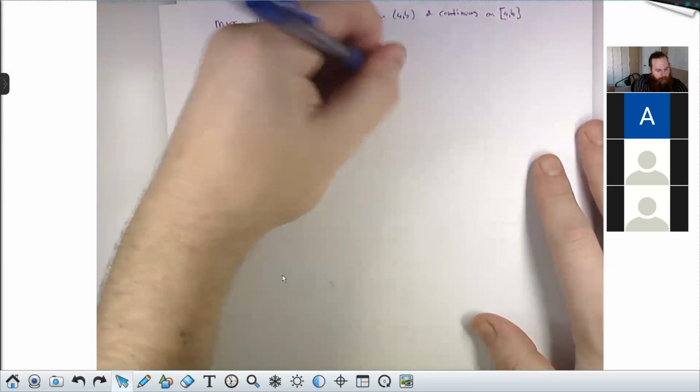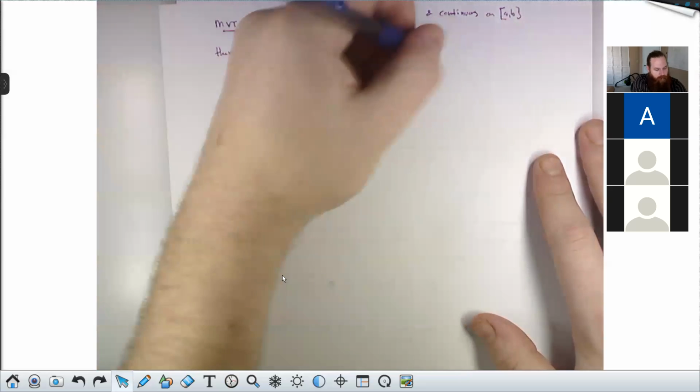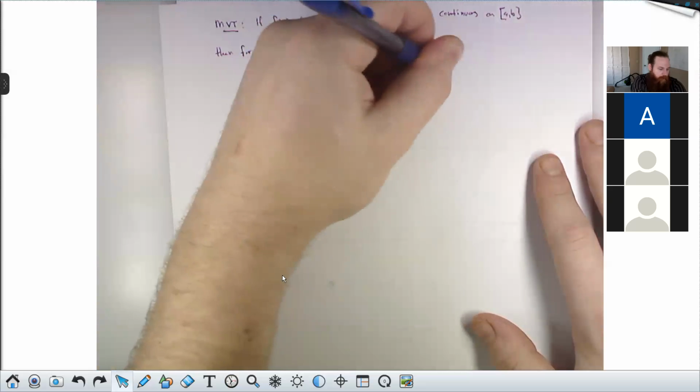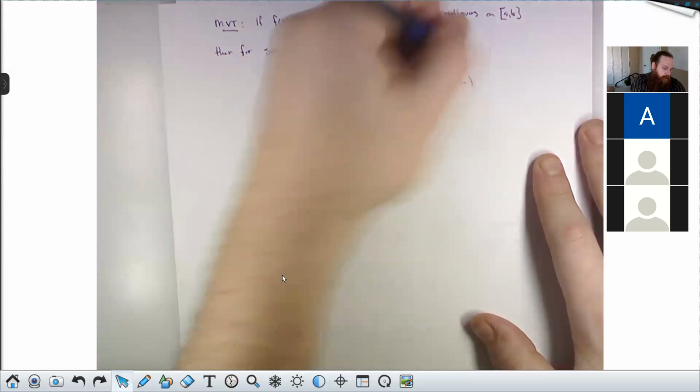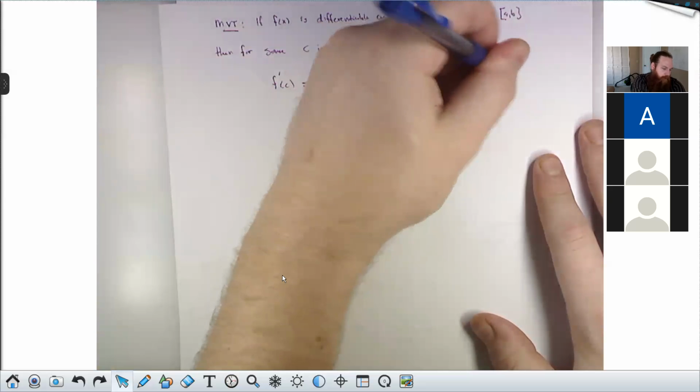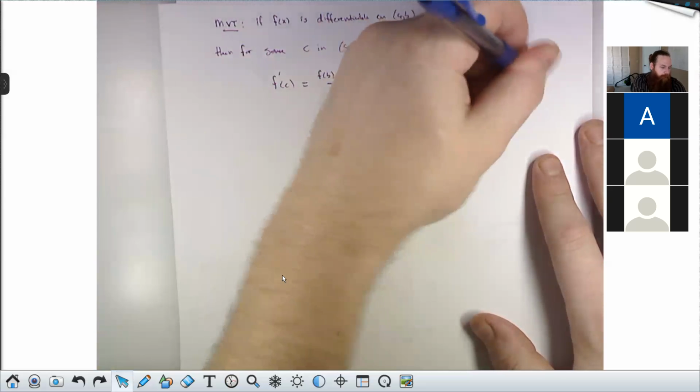And if you multiply both sides by b minus a, you can rewrite that as f prime of c times b minus a equals f of b minus f of a.